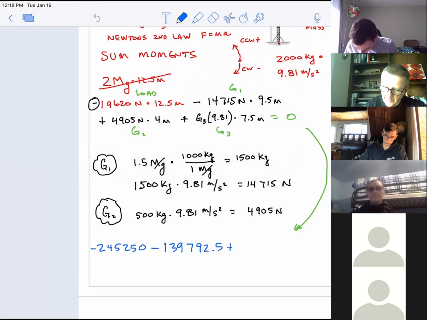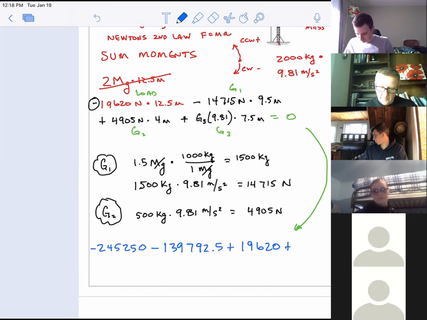And then plus G3, 4905 times 4, which is 19,620. Kind of an unfortunate coincidence that we had that number before. But the first one was newtons, and this one's actually newton meters. And then lastly, I've got G3 times 9.81 times 7.5. Well, I can take 9.81 times 7.5. And if I do that, I get 73.575.